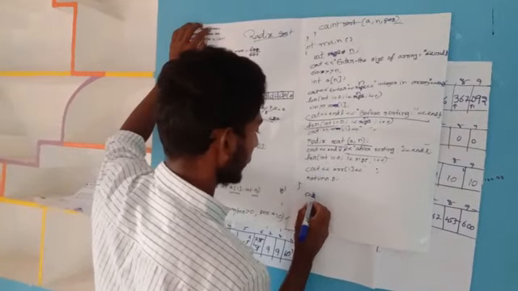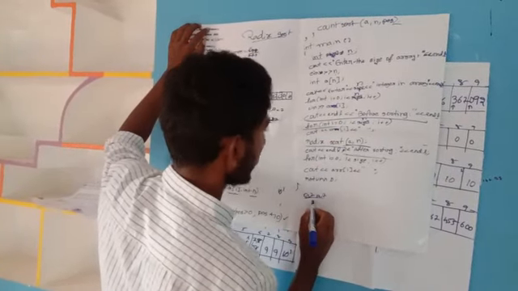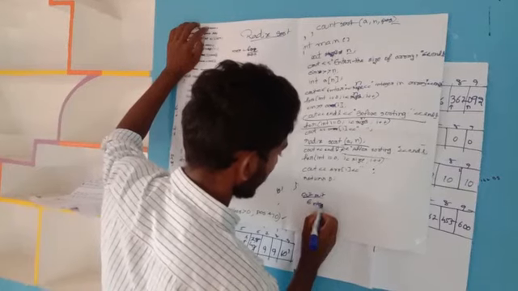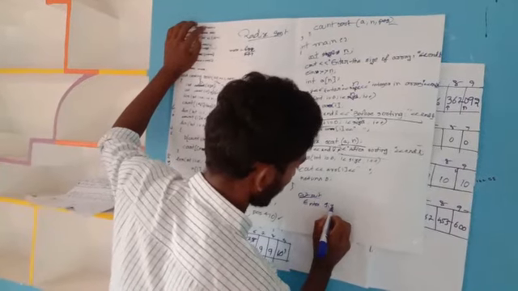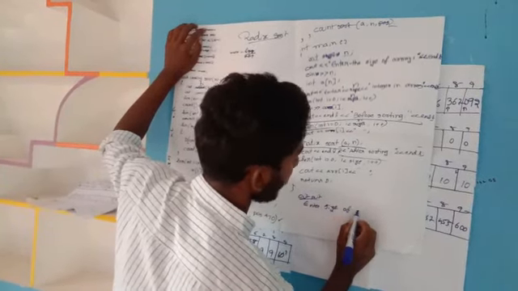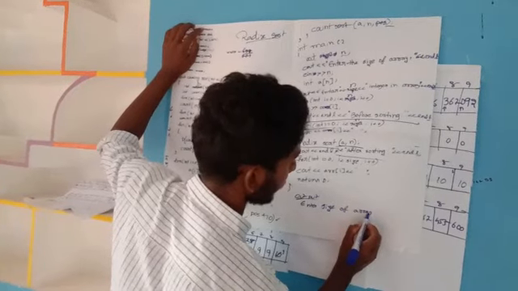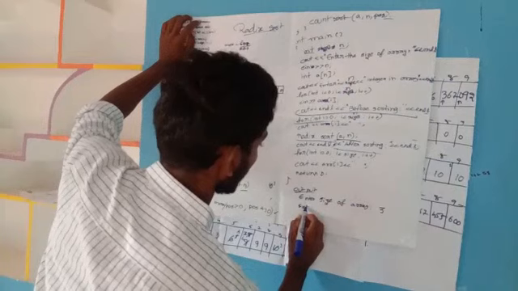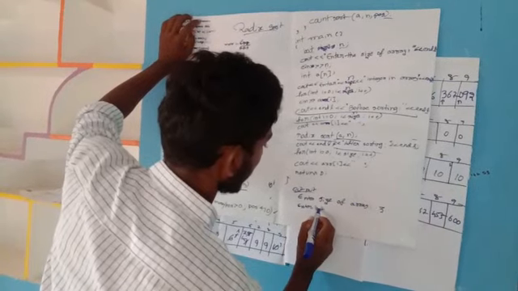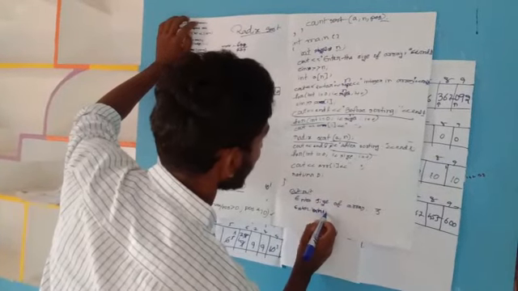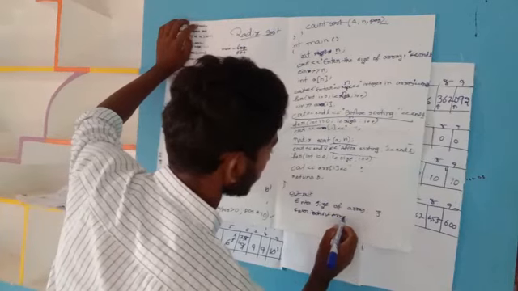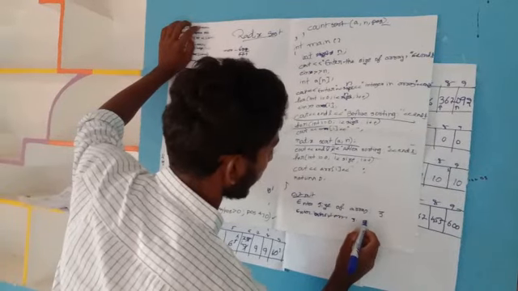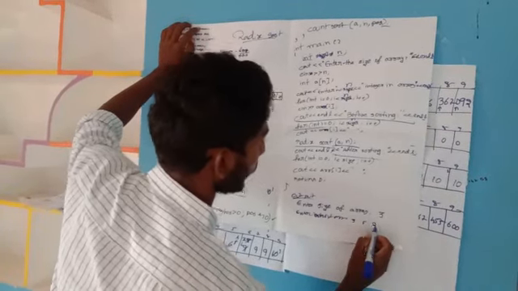The output will become: enter size of array, enter 3, enter any integer array 3, 5, 2.